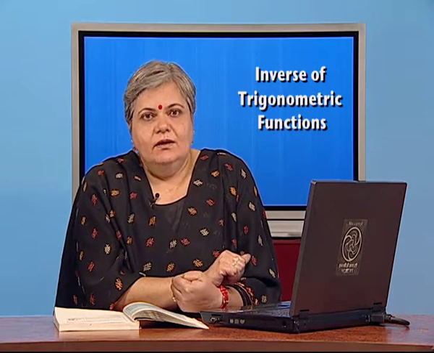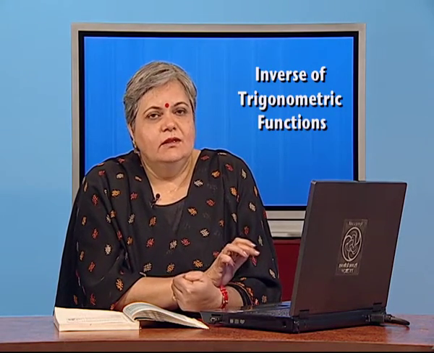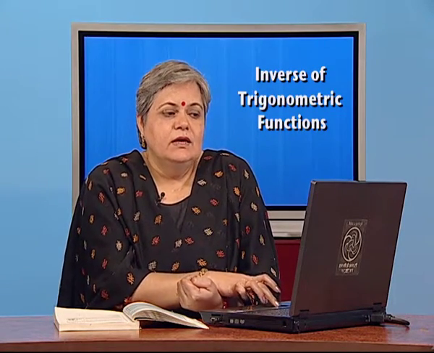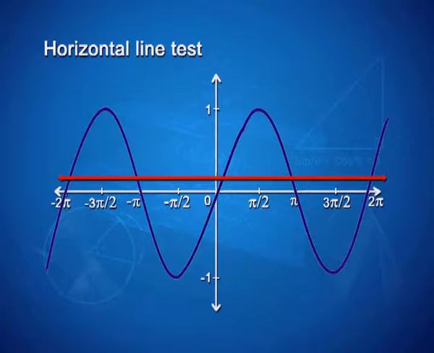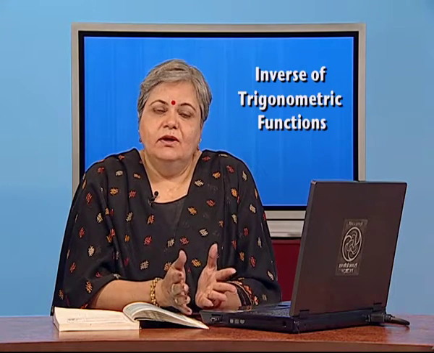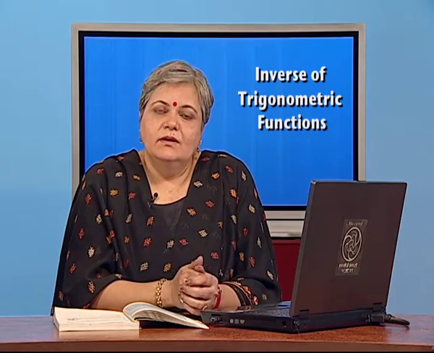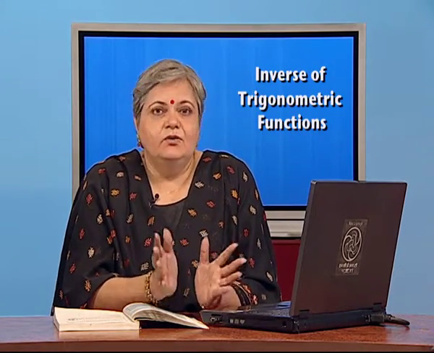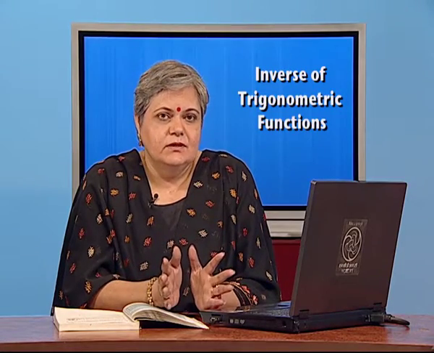Think about why. If a horizontal line cuts the graph at more than one point, it means that there are more than one values of x at which f(x) is the same, and therefore, the function is not 1-1. So, the sine function fails to be 1-1 over its entire domain of the set of real numbers.